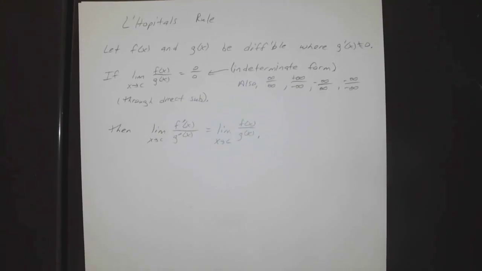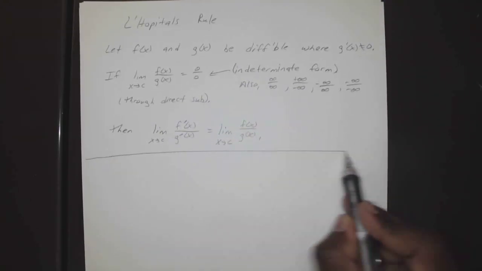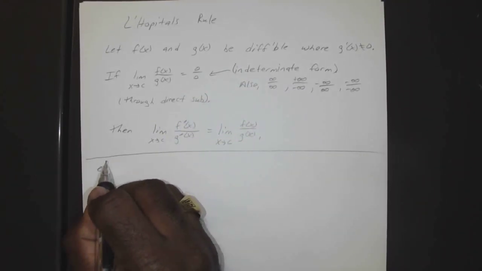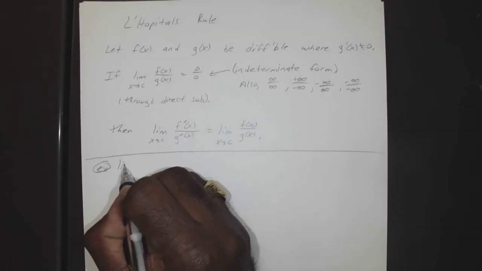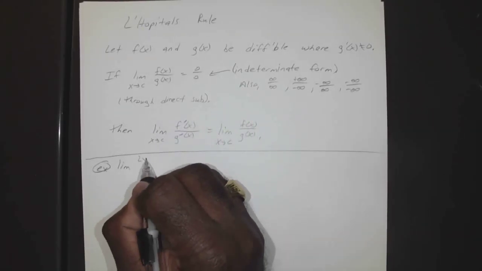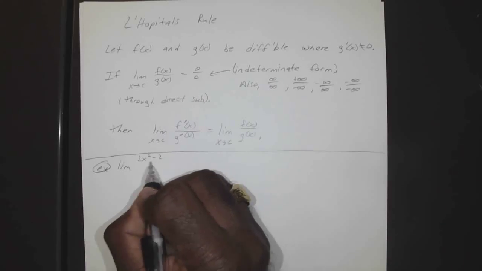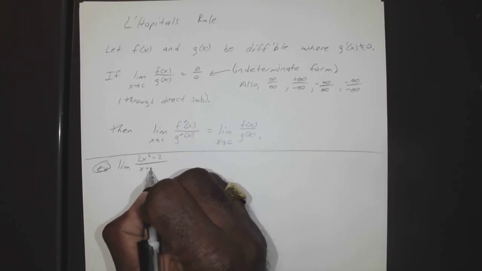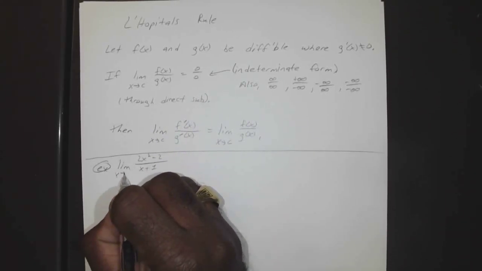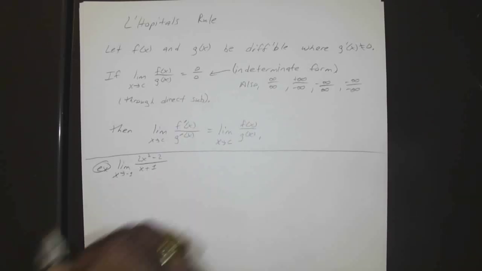So let's say, for example, we want to find the limit of 2x squared minus 2 over x plus 1 as x approaches negative 1.